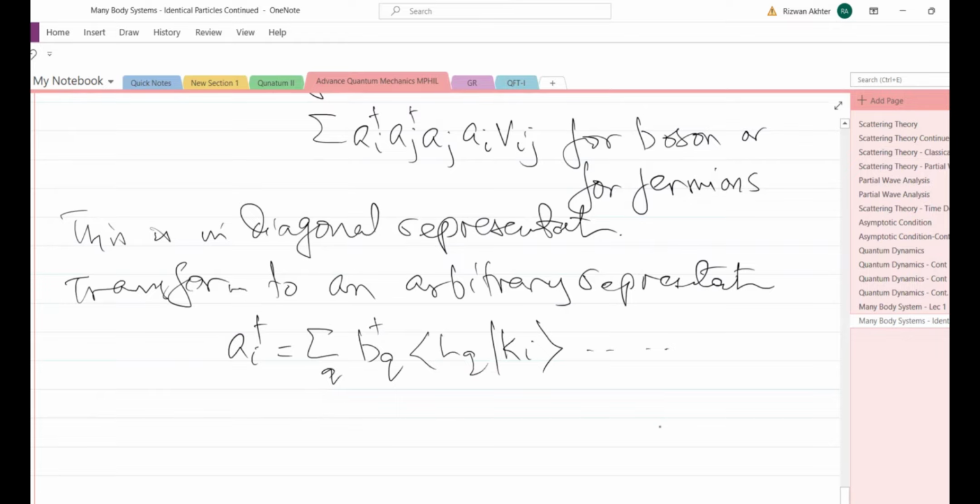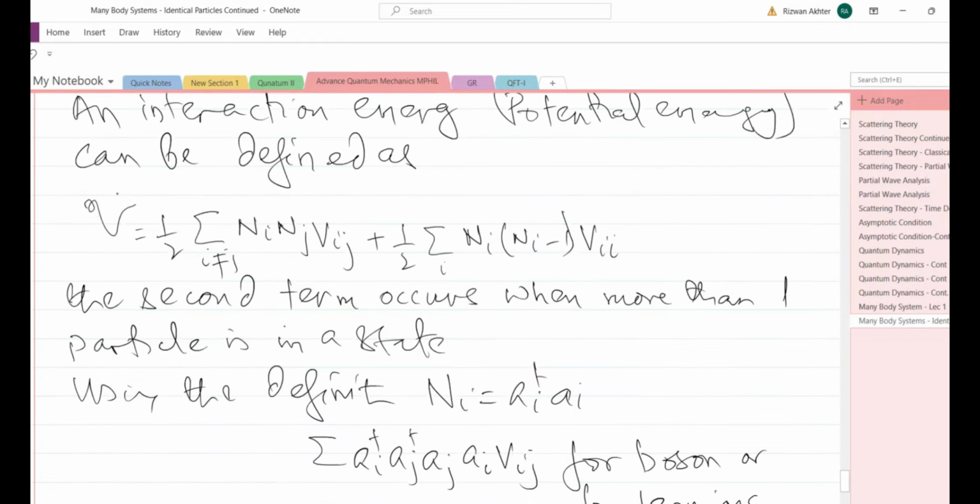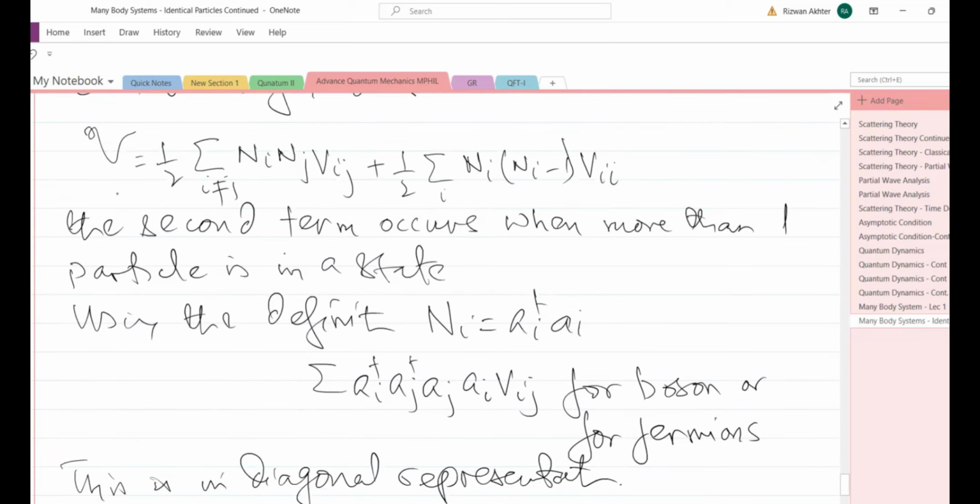And if that is so, then the equation that we have written for V, we can change. This equation is equal to half times this.